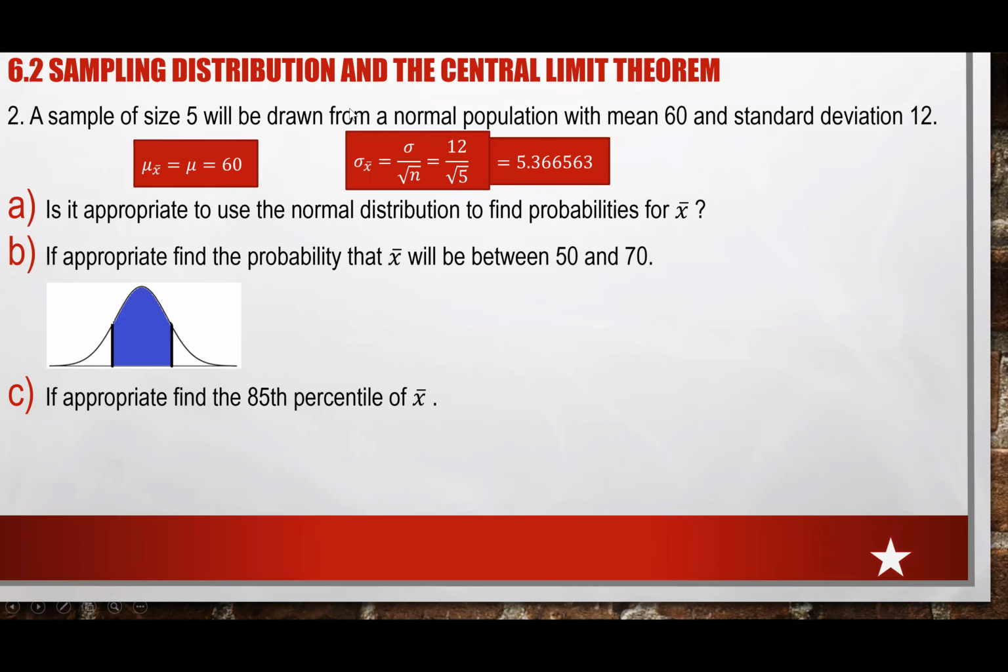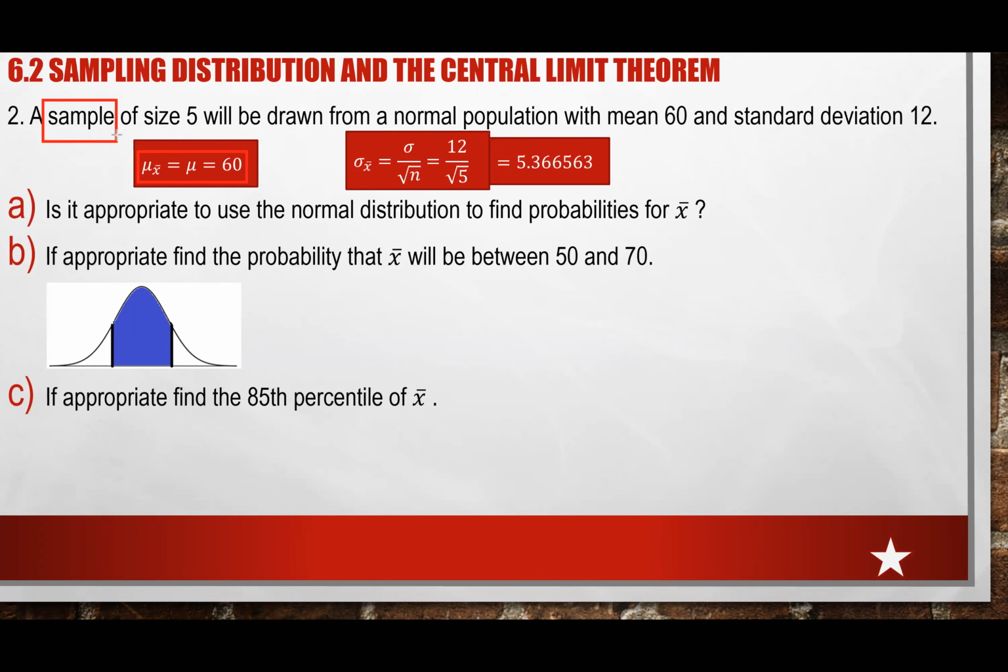So in this section, 6.2, because we deal with a sample item, we need to have a sample mean. And ideally, the sample mean is the same as the population mean. So it doesn't matter which mean they give you, it's the same mean that we will use.